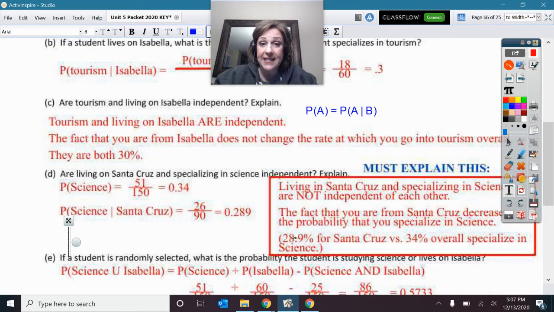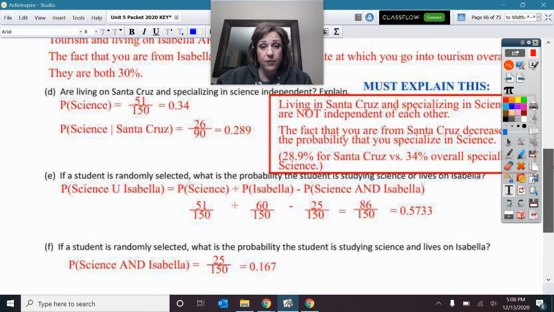And then I said this statistic for Santa Cruz versus 34% for science. These are the three pieces you must have written for an independence explanation besides showing this part over here. So there was nothing extra there.